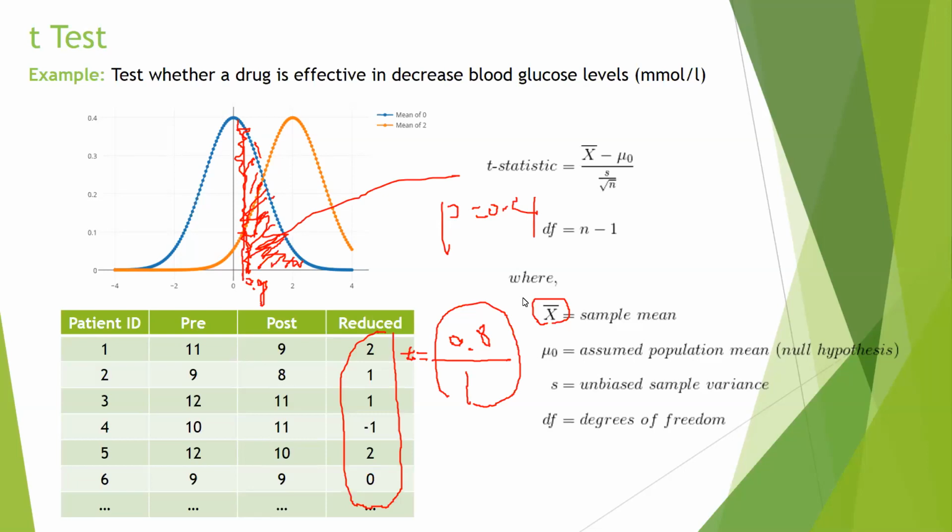So if you got a p-value equal to 0.4, which is way more than 0.05, this will show strong support for the null hypothesis based on your data, based on your test statistic. Is that clear?